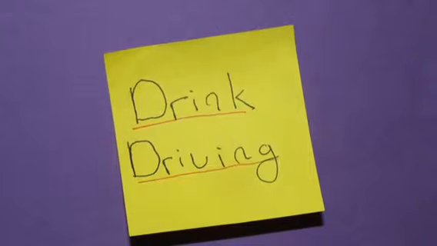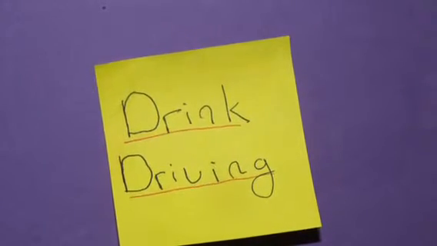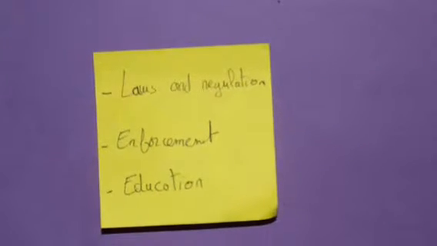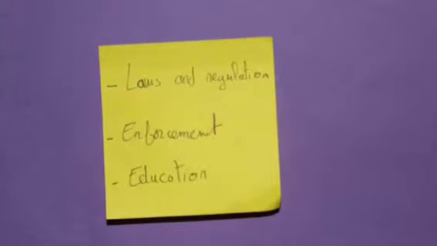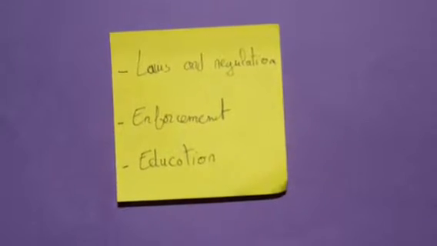Now let's talk about drink driving and the possible effects it can have to curb alcohol consumption. The three ways to counter drink driving are laws and regulations, enforcement of these regulations, and education about the problem that society is presented to.